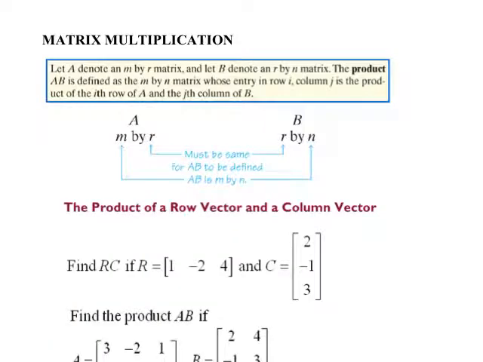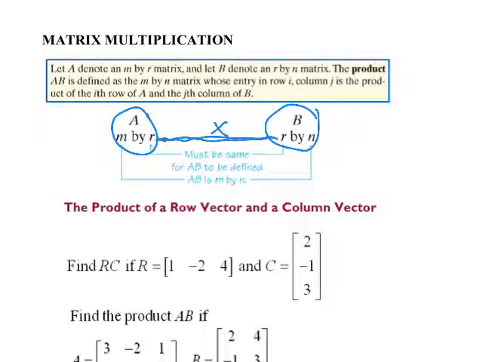All right, now we're going to talk about matrix multiplication. This is probably the trickiest part. The key is when you look at the size of matrix A that you're multiplying by matrix B, I always do this first when I'm asked to multiply two matrices together. You want to make sure you have a match in the inner column and row.